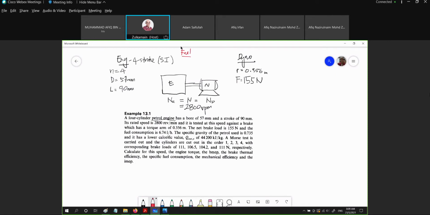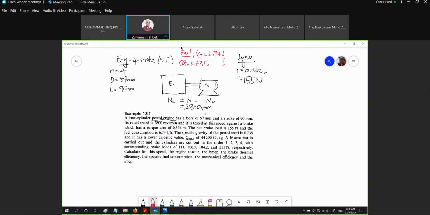Jadi kalau liter per hour biasanya adalah volumetric flow rate for the fuel is equal to 6.74 liter per hour. And then diberikan di sini juga the specific gravity, SG. Given the SG for the fuel, SG is equal to 0.735. So this is for the fuel.